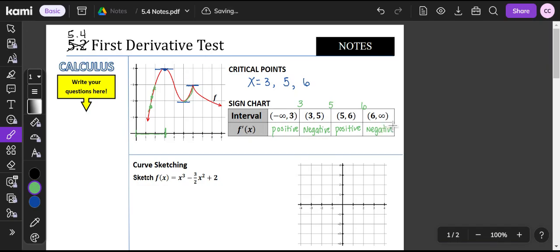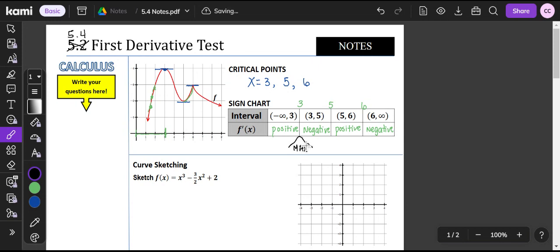Okay, now, review from the last lesson. How does this help us? Well, the sign of the derivative, positive or negative, tells us whether or not the original function is increasing or decreasing. And putting that together with the critical points, I know that if I have a graph going from a positive slope to a negative slope, this creates a maximum value.